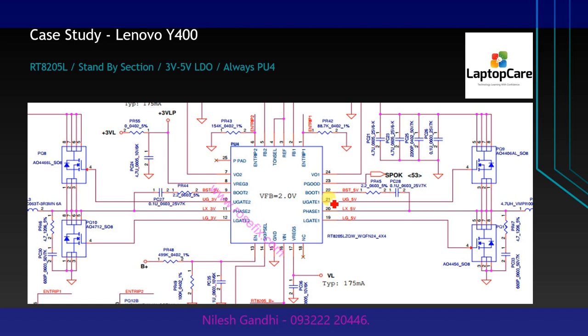Here the IC part numbers were matching, so it was easy for us to trace. Now when we found this IC PU4, that's RT8205L, there was no enable voltage, so we decided to change this IC and check for another IC in our stock.